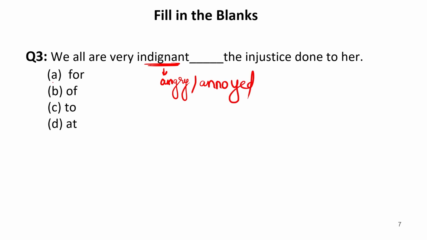Now, this is actually a prepositional phrase. With this type of adjective, we always use at. So, here our answer is at. There are several words which have a predefined preposition that follows them. So, we should keep those in mind. So, our answer is D. Here, the correct answer is D.